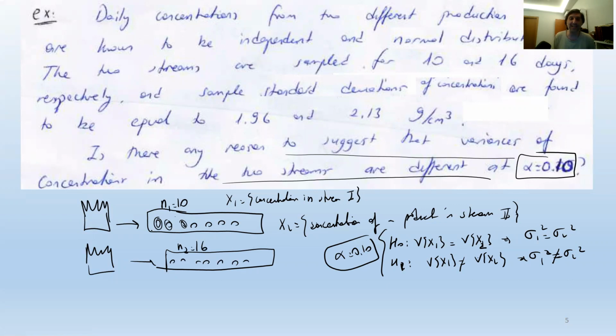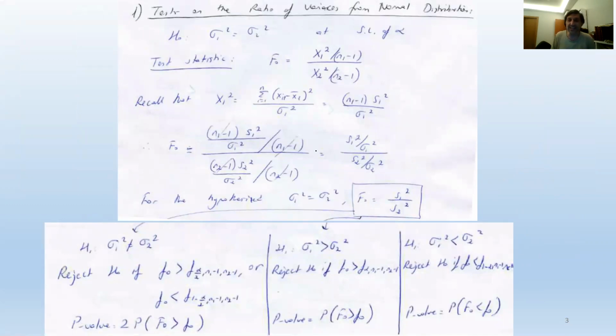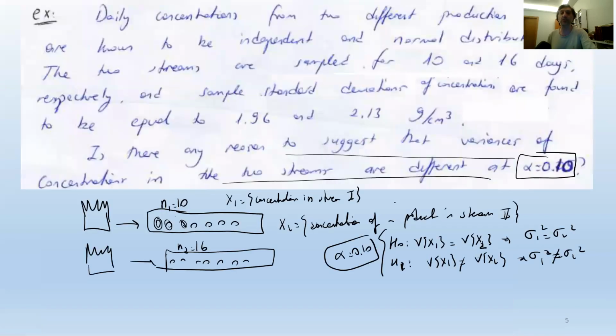And if we go back to the equations related to this, let's get rid of these. Here we have an equality of variances as the null hypothesis, so we are going to use the ratio of sample variances. From the samples, we have to compute the variances.